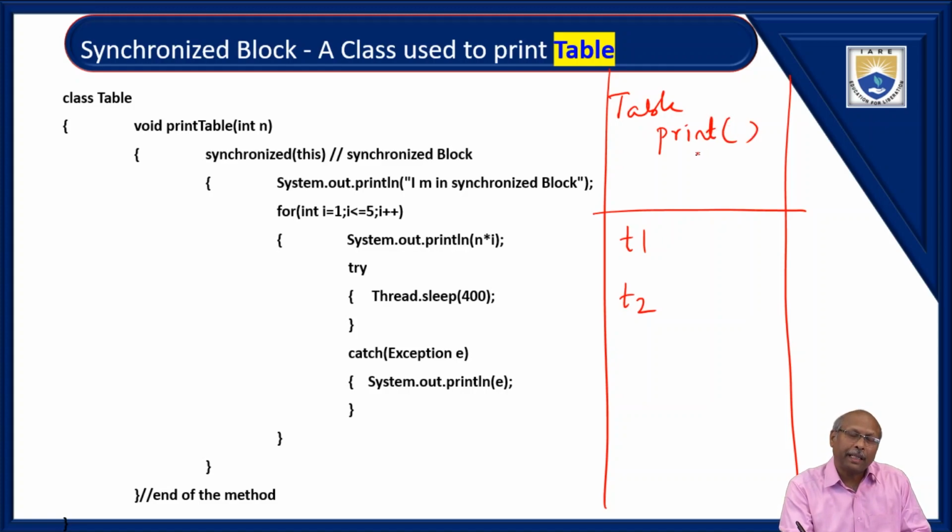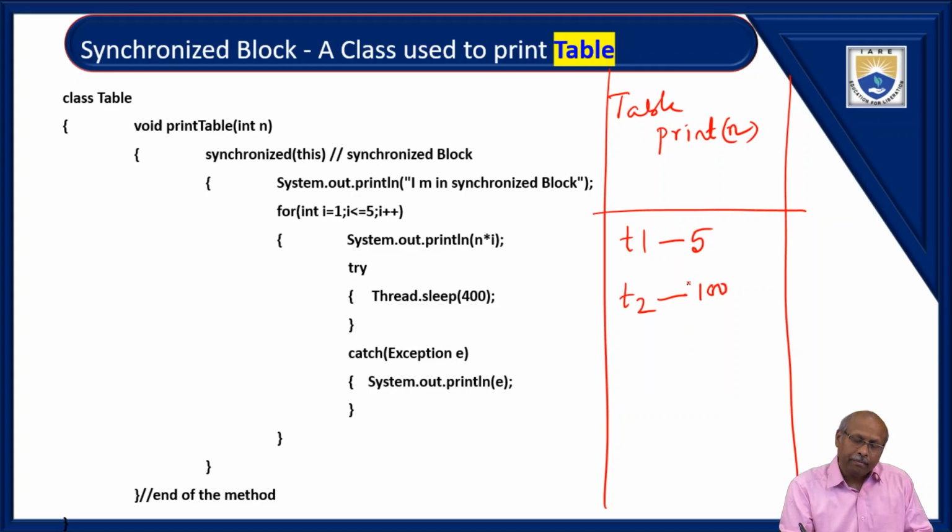I want to print the Nth multiplication table. T1 wants to print the 5 multiplication table. T2 wants to print the 100 multiplication table. So now, at a time, either T1 can complete or T2 can complete, but not both.